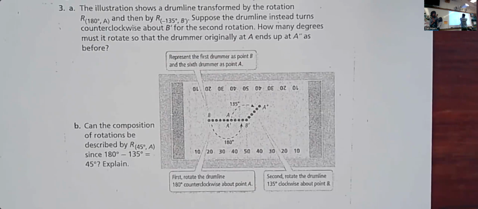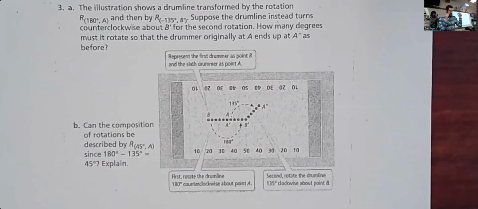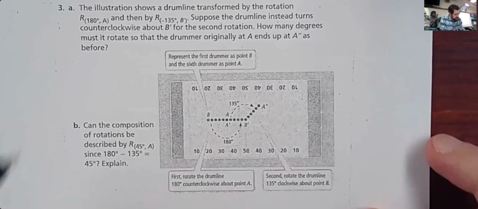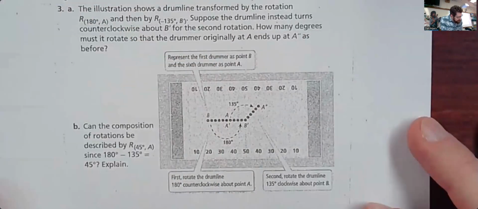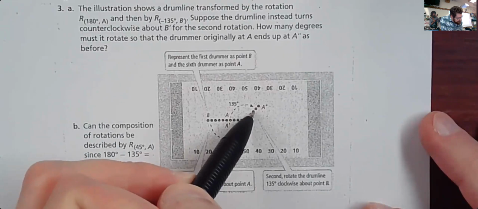How many degrees must it rotate so that the drummer originally at A, who is now here, ends up at A double prime? So basically, we're trying to find the difference between, I'll go ahead and get some colors on here. So if they rotate 135 degrees, let's see, how many people are there? There's 1, 2, 3, 4, 5, 6 people.